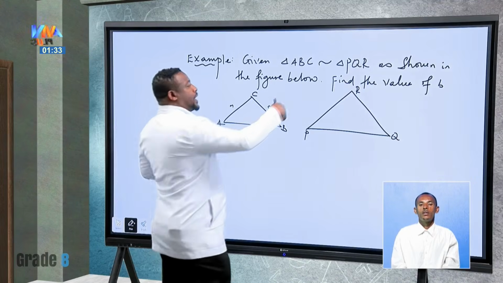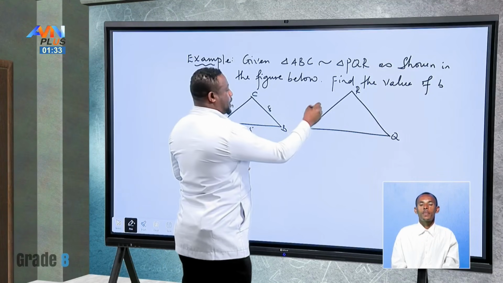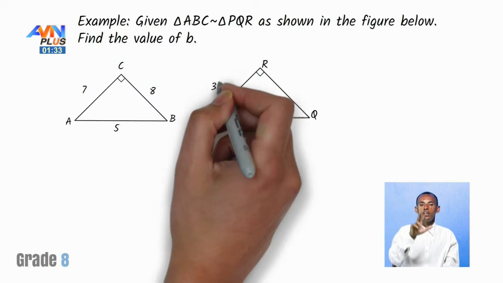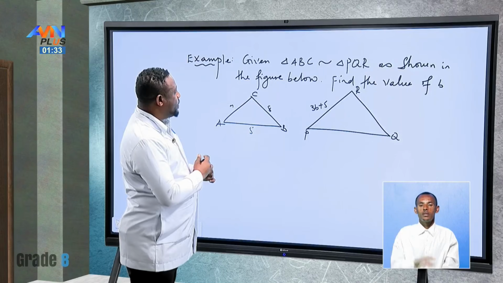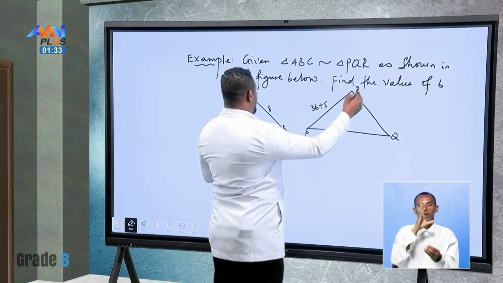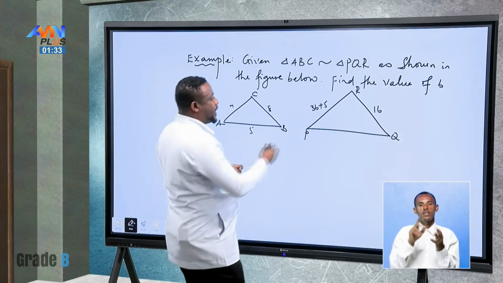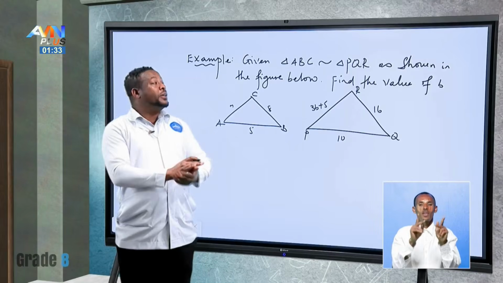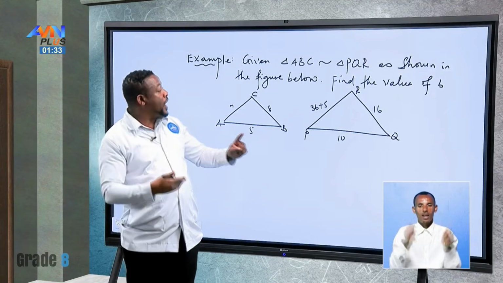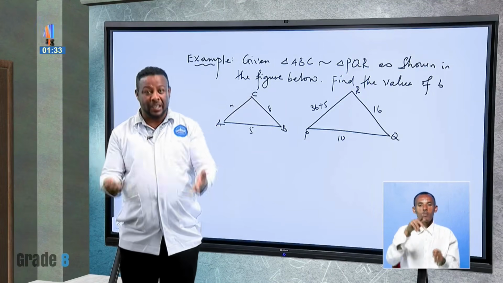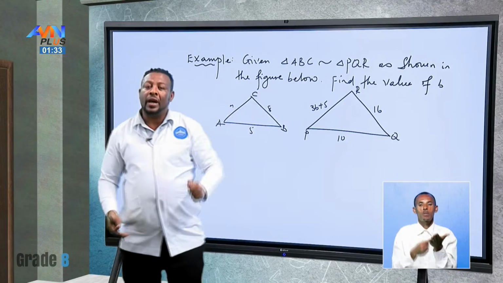And the sides of triangle PQR are say this is 3b plus 5, and say this is 16, and the third side of triangle PQR is 10. Here in this example, it's given that triangle ABC and triangle PQR are similar. Then, based on this information, we are asked to find the value of B.